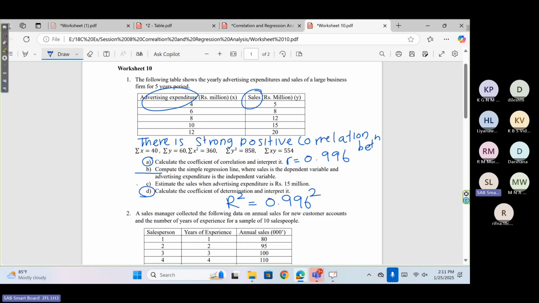Is there any other calculation? Only take the square of R. 99.8%.